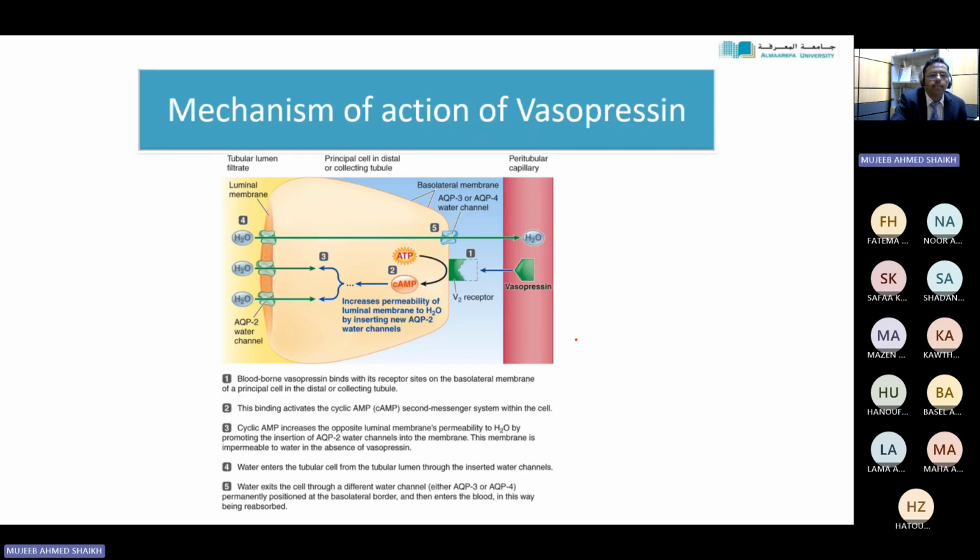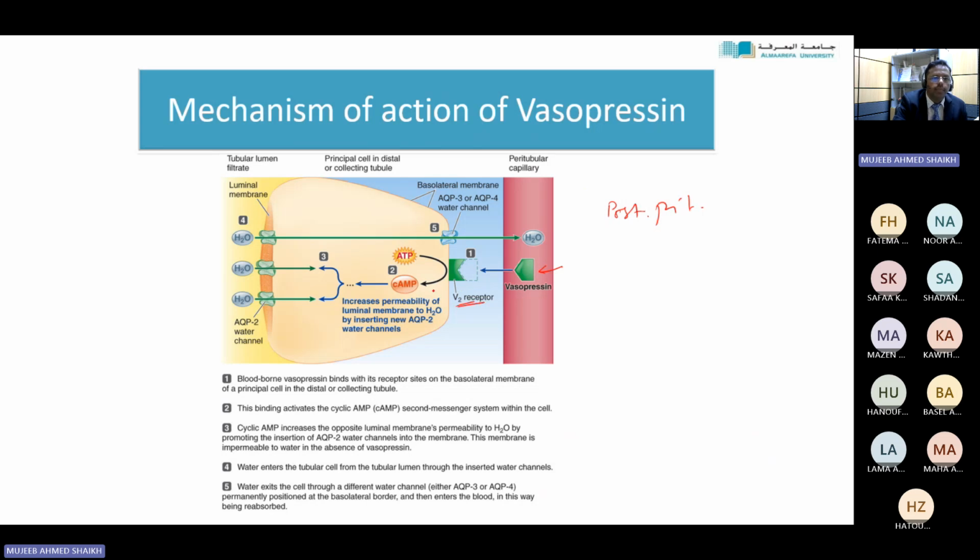So this is the mechanism of action of vasopressin. When vasopressin is released in the body, it mixes with the blood. From where does vasopressin come? Vasopressin comes from the posterior pituitary gland. Through the blood, it acts on the collecting tubule via the V2 receptor.